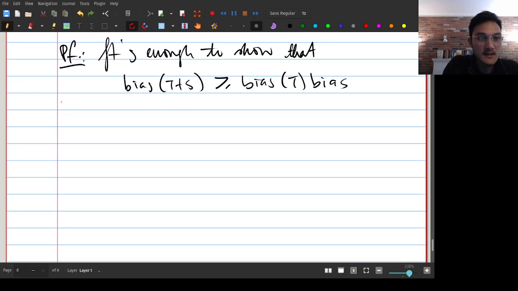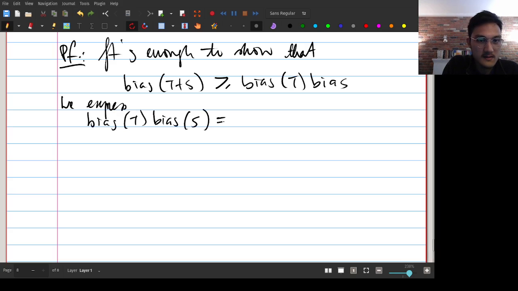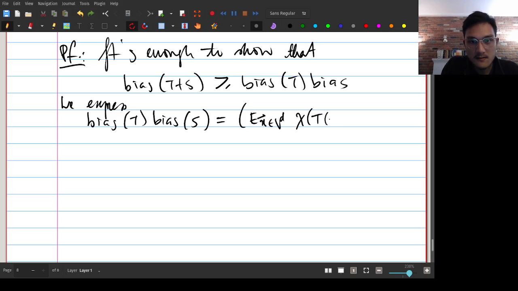Okay, so let's expand this out. We'll expand out the right hand side. Bias T times bias S. So what is that? That's just the expected value over all x in V^D of chi of T of x, and I'll use a different variable for the S part, so y in V^D, chi of S of y. Now we pull everything together.